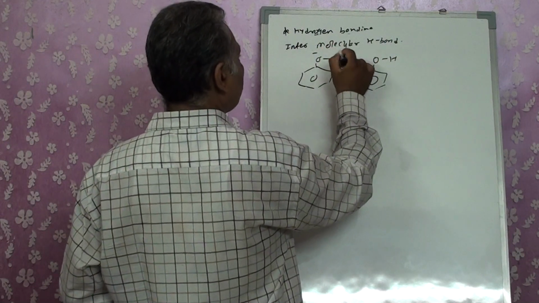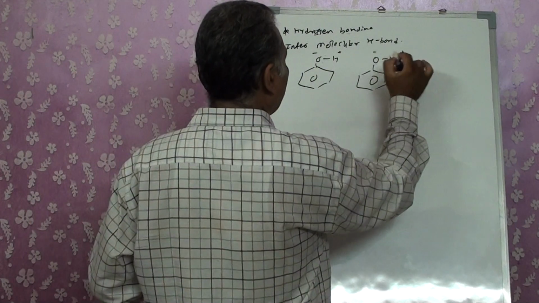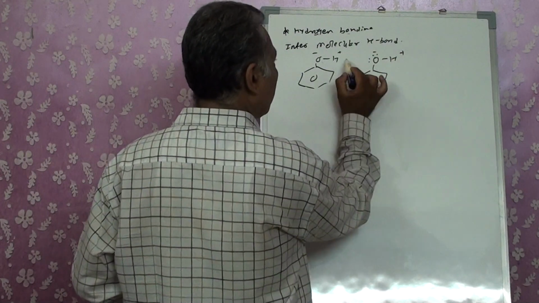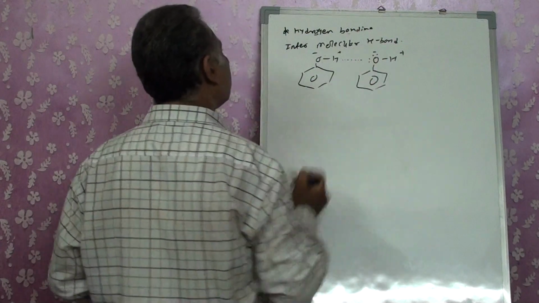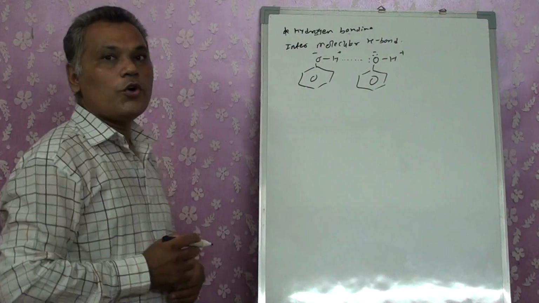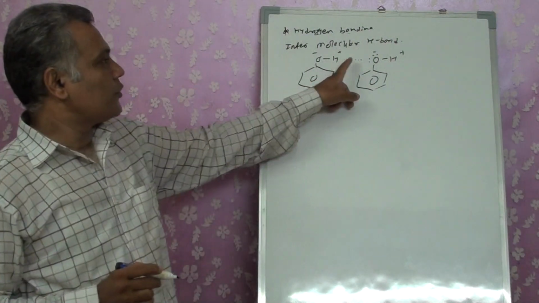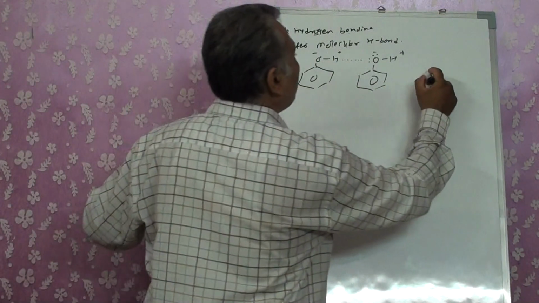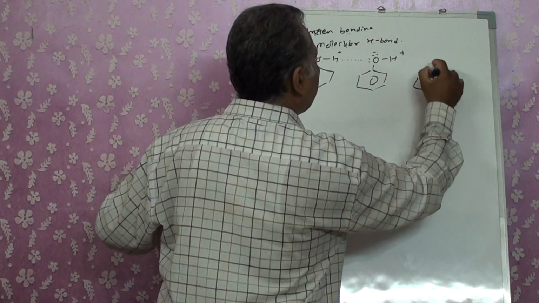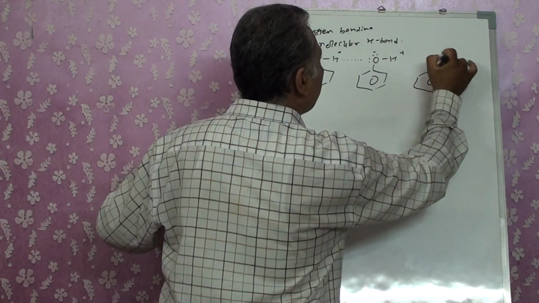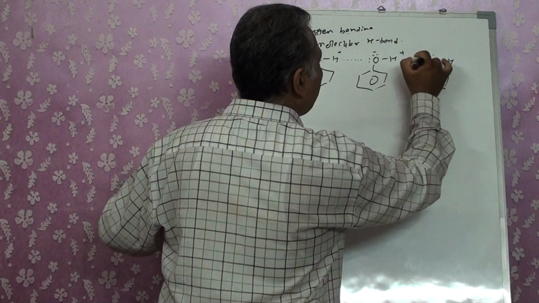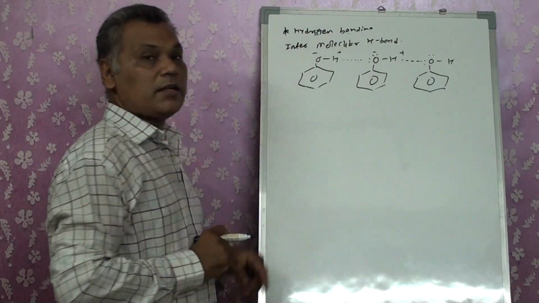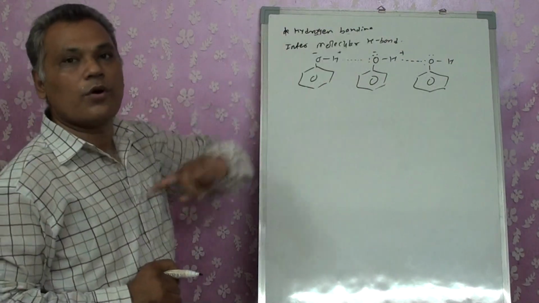This is negative, this is positive. They contain lone pair of electrons. The force of attraction is generated between the two atoms, highly electropositive hydrogen and highly electronegative oxygen. This type of compound can be elaborated as many as the number of molecules are there. This will continue. So this is known as intermolecular hydrogen bond.